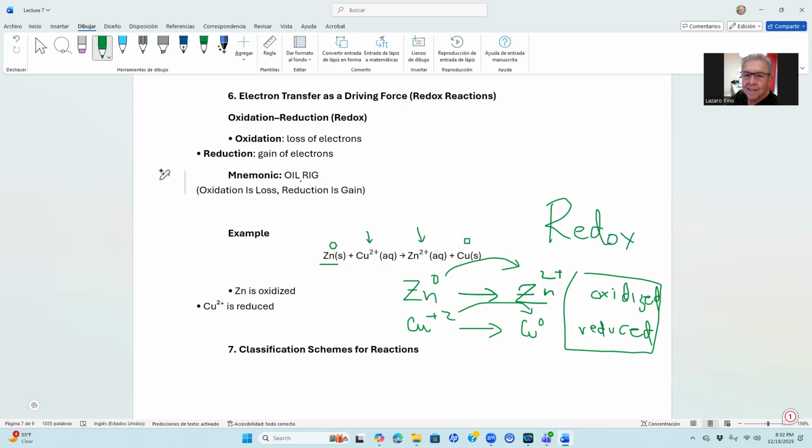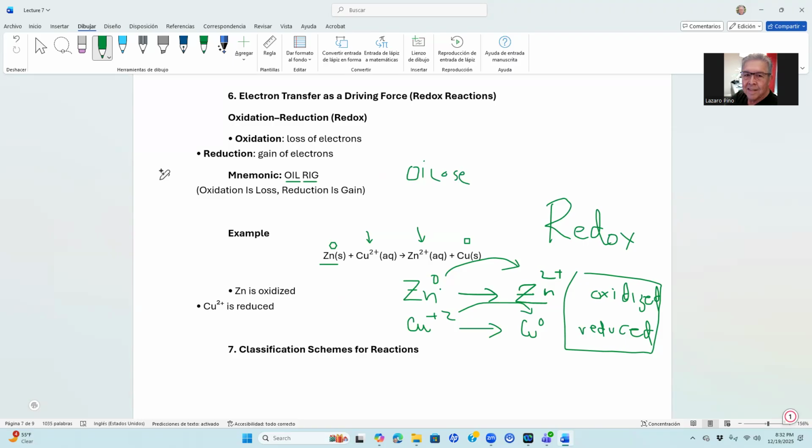Remember, OIL RIG. OIL: when we say oxidation is loss, lose what? Electrons.